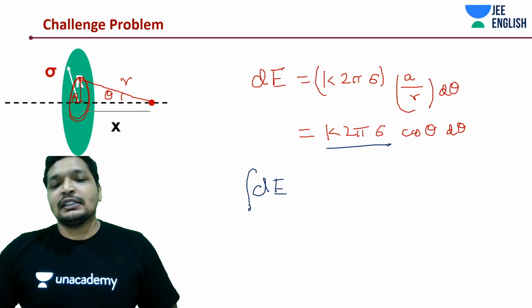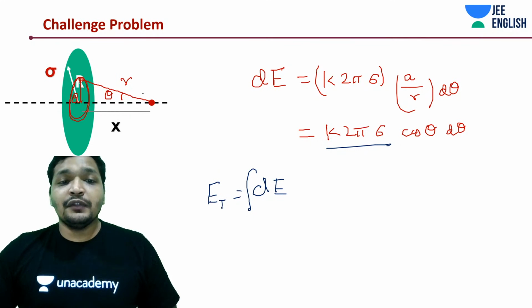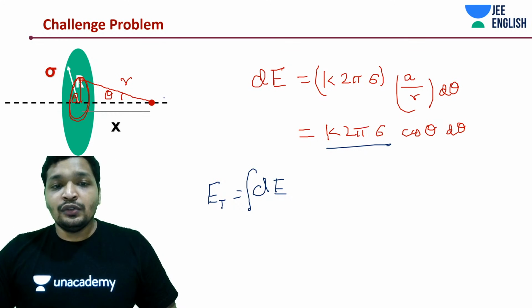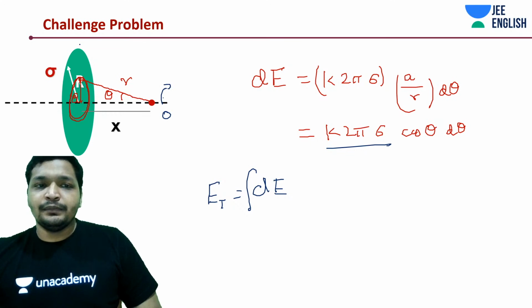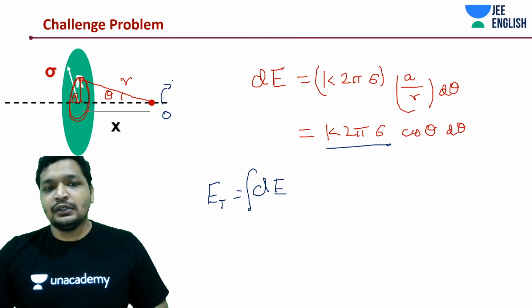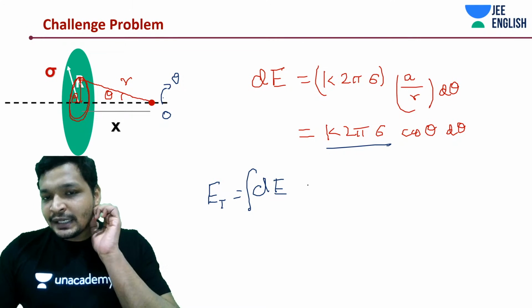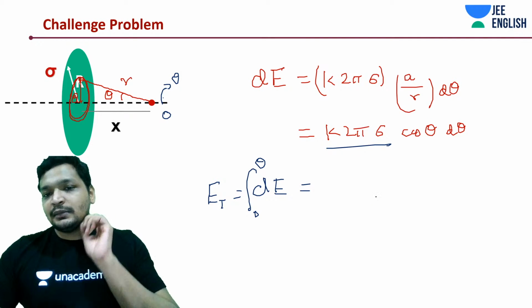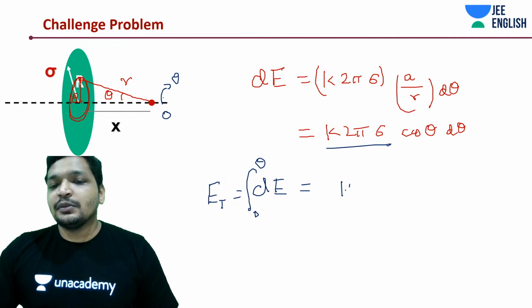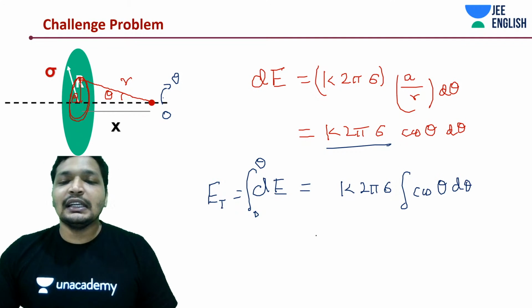Alright. Now, what is dE? dE is just a small elemental electric field, but we need to integrate it from theta 0 on the axis to some theta. There is some theta, I'll come to that point, okay? To this theta. So this is a simple integration that we can do, from 0 to theta. Let's say theta is the maximum theta, and this is going to be k into 2 pi sigma integrated cos theta d theta, which gives sin theta.